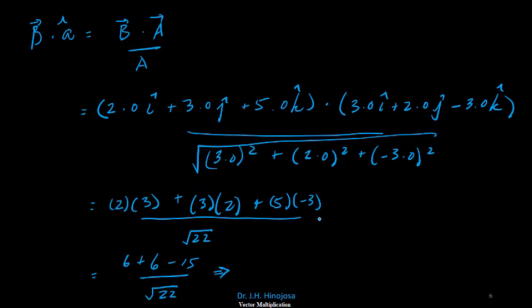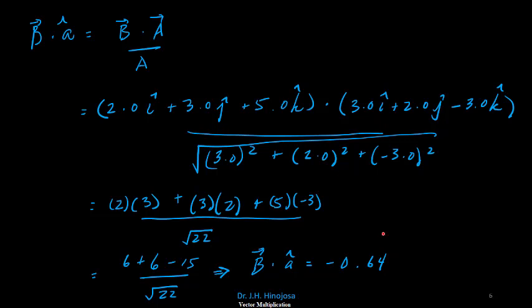or b dot a hat is equal to minus 3 divided by the square root of 22, which is minus 0.64 to 2 significant figures.